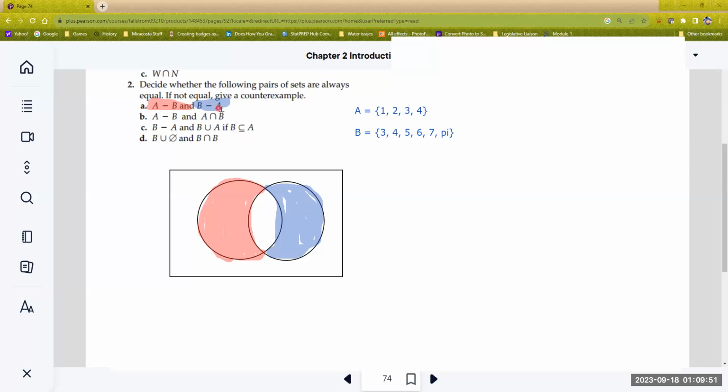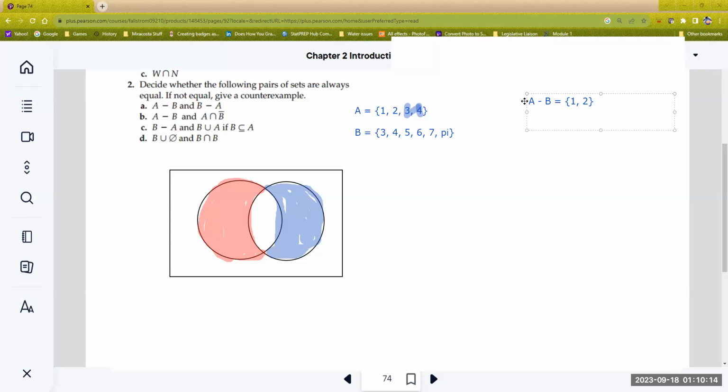And so just check yourself. Are these two equal? If you take a look, A set difference B. So if I look at A and I do the set difference with B, I would remove what's in B. I know some of you are still saying minus. It's not minus, because again, these are sets.